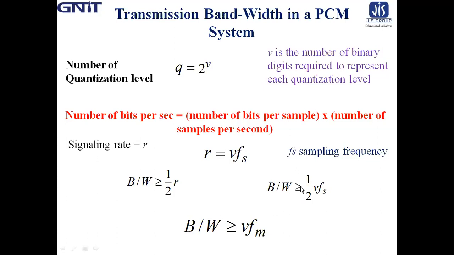So 2 cancels, and bandwidth is greater than or equal to V into Fm. This is very important, and many numerical problems come from this expression. Please remember that equation: bandwidth for PCM is greater than or equal to V into Fm.